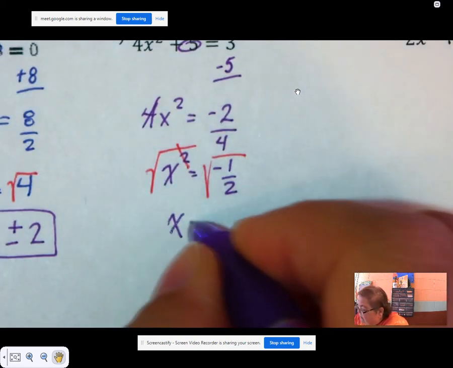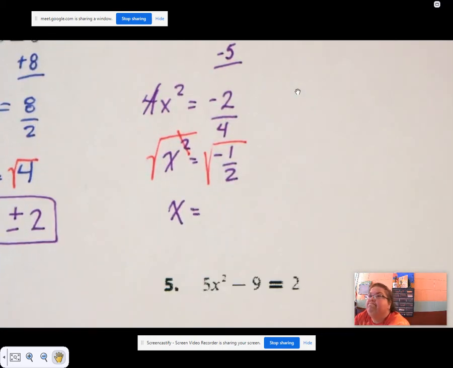And what does x equal? Type that in. What is the square root of negative 1/2? Everybody's typing that in and getting an answer.